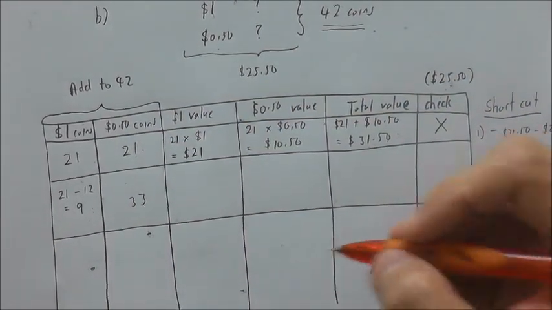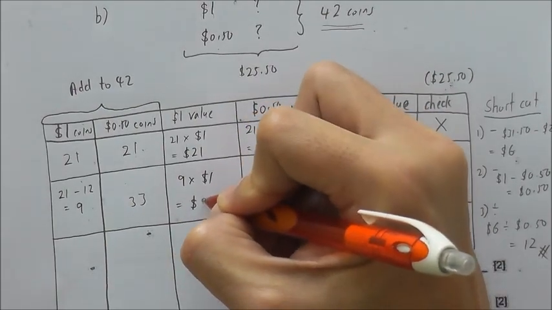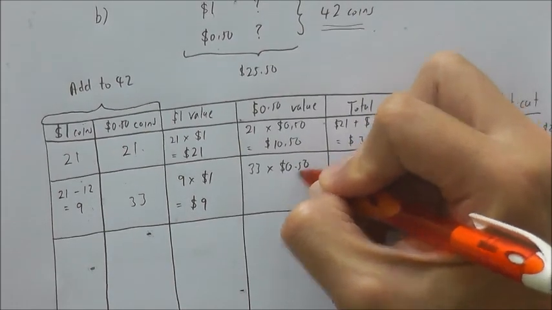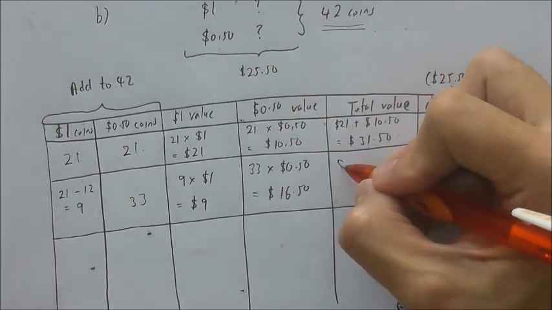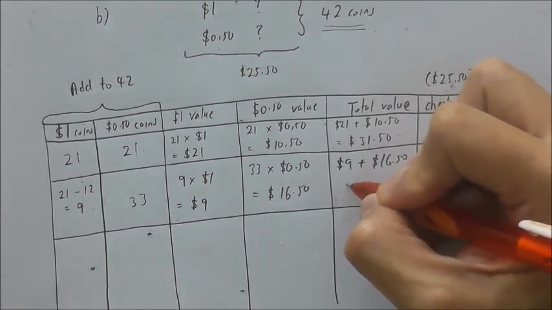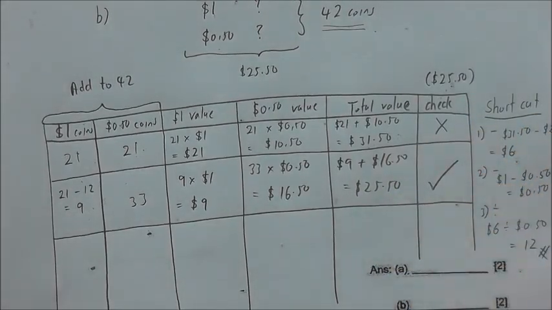Let me just prove it to you. 9 times $1, you get $9. 33 times 50 cents, I will get $16.50. If you add this up, you will have $25.50. So you get the answer.